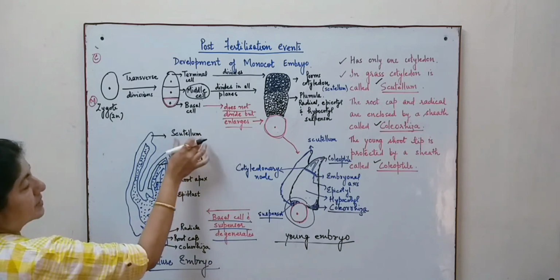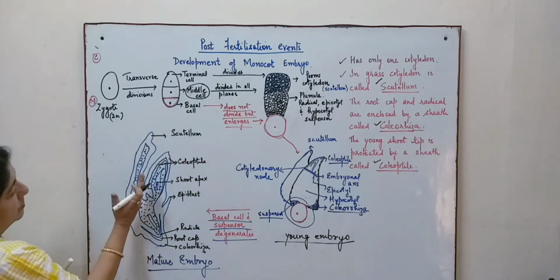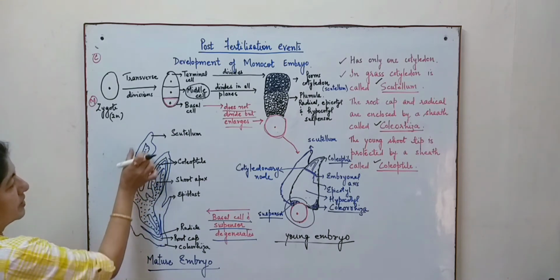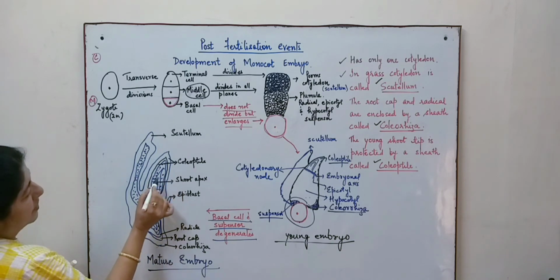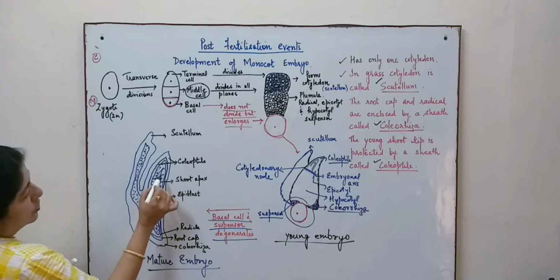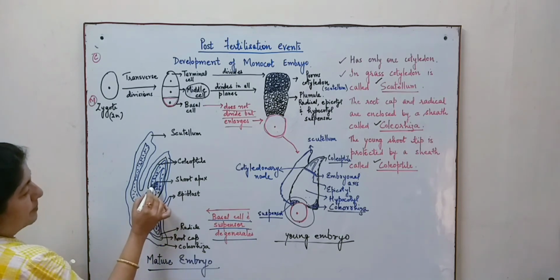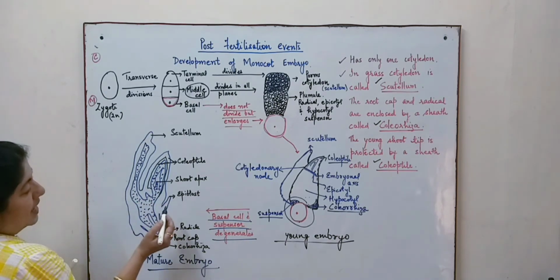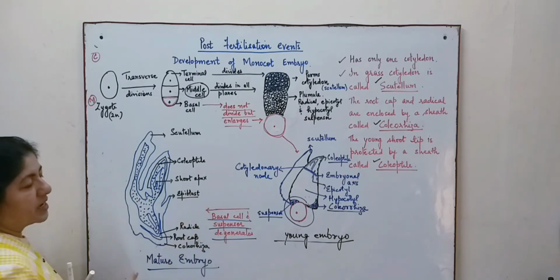So scutellum is actually the cotyledon which is being pushed, and as a result it separates. So it is the cotyledon which will develop, and here is the sheath that is covering the shoot apex. So this covering over here is the coleoptile. The shoot apex can be prominently seen, and there is a flap-like structure which is known as epiblast.